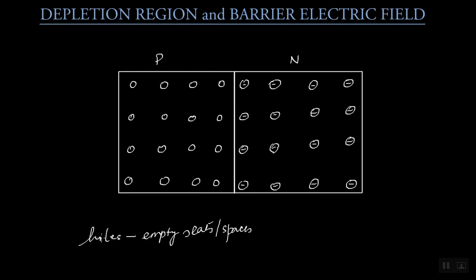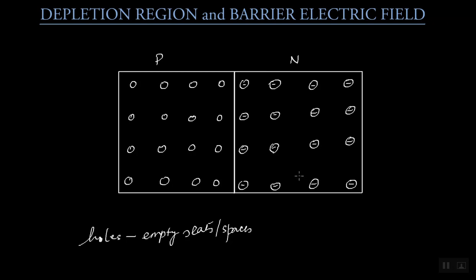Because they basically are deficient of electrons, and we know that something deficient of electrons has positive charge. Got it? So here, these are just empty seats. You can think of this as a hall where on this side there are empty chairs, but here, this is packed with people. This is packed with electrons.